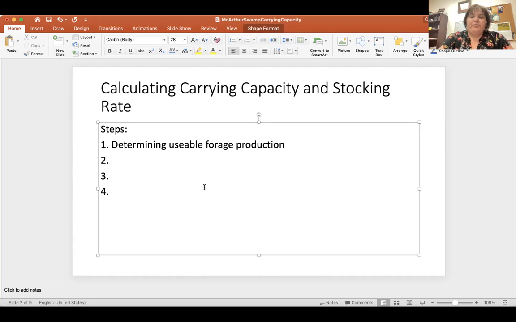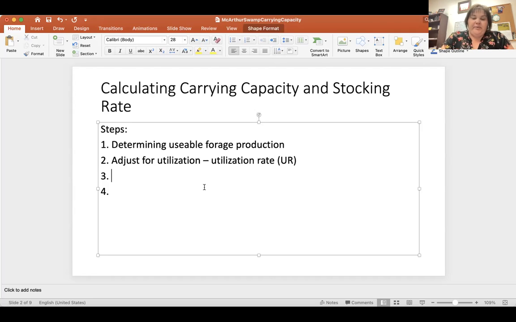Okay, what's step 2? Adjust for accessibility. Yep. So adjust for utilization. Excuse me. And we call that utilization rate. So you're going to see it abbreviated as UR.